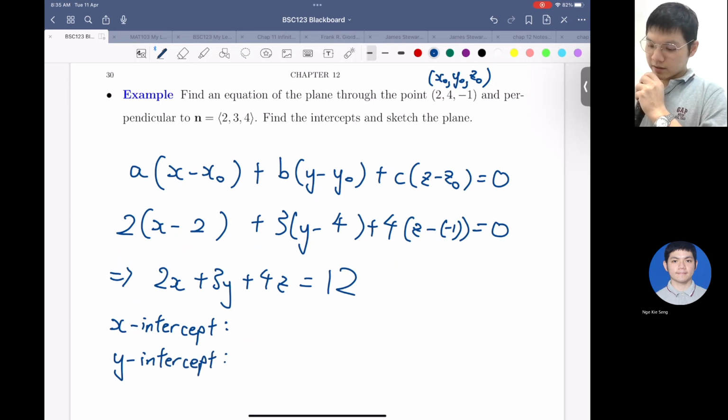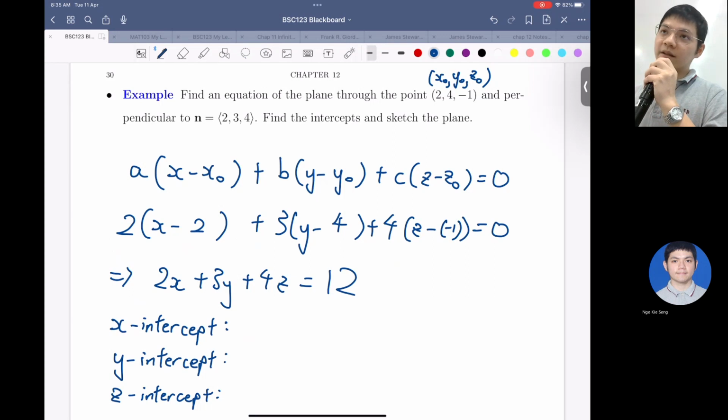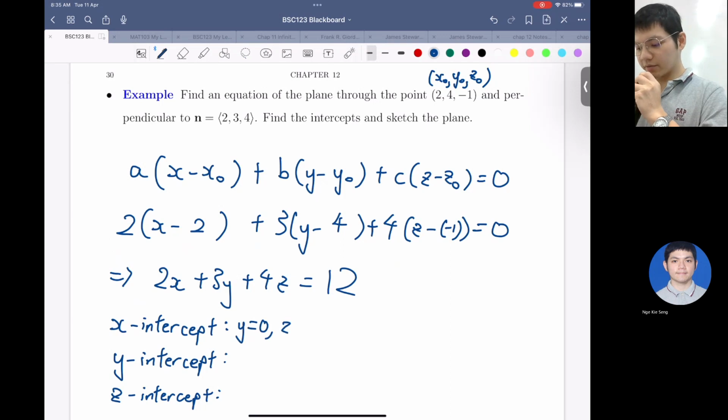During the class, some things I will assume you know, but if you don't know, you can ask me and we will recall it in the class. For example, if you ask what is the x-intercept, then we will say the x-intercept is when y equals 0 and z equals 0.